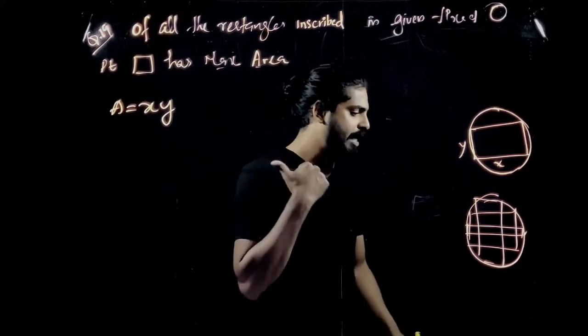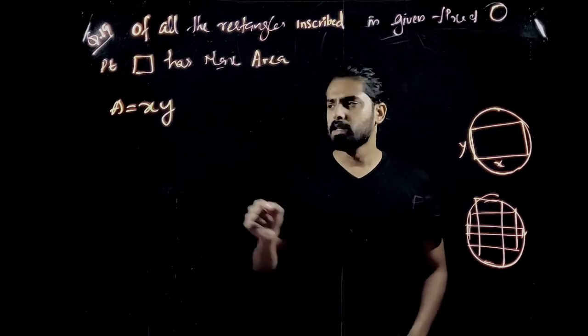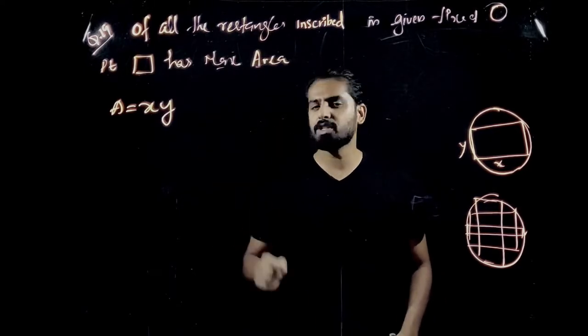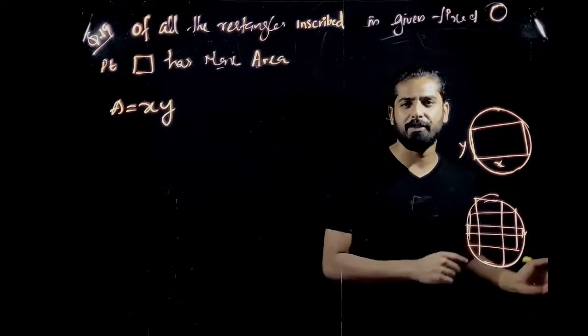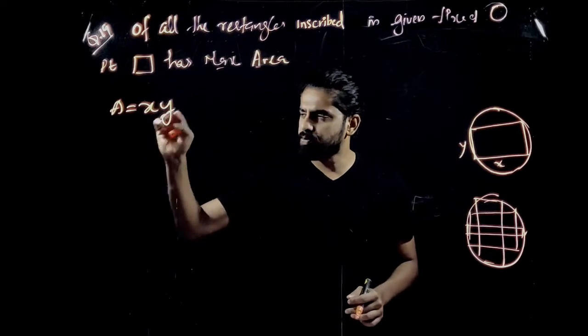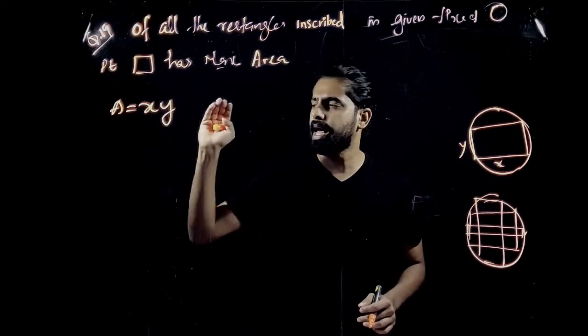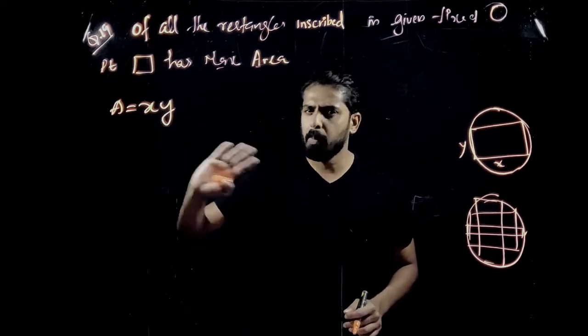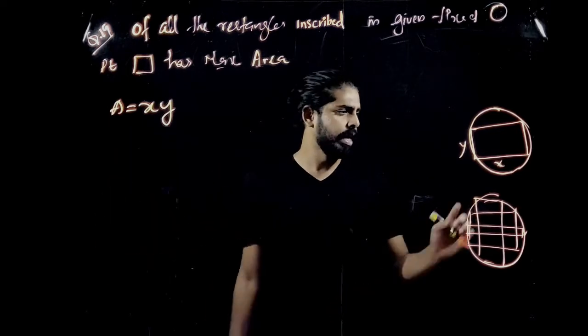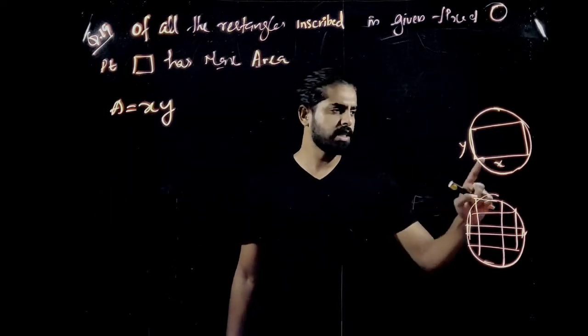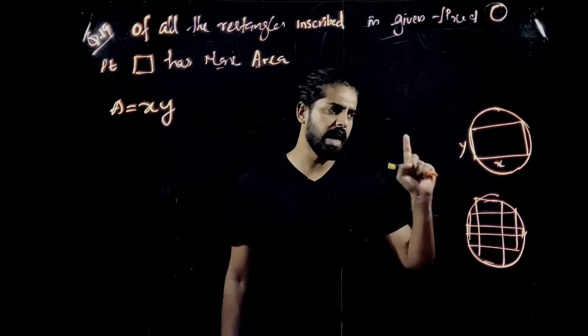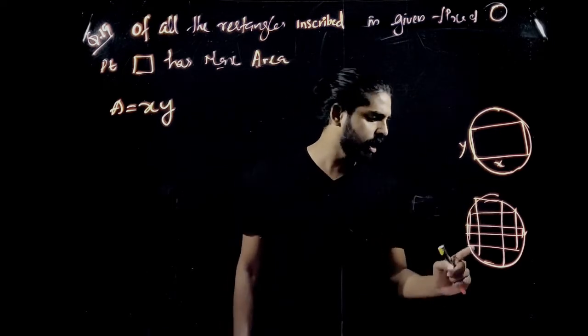We need to differentiate this x into y. This is a function, but this function is not in the form y equal to f of x. In this function, there are two variables, x and y. Both vary. Both change. Right? x and y change. x can't change independently. If x changes, y also changes. You can clearly see that.